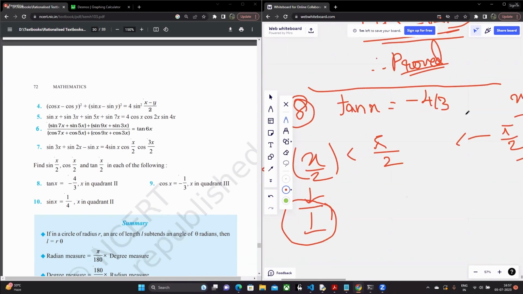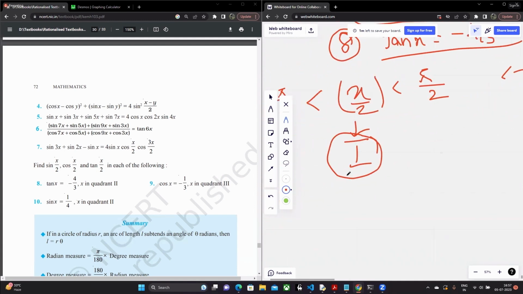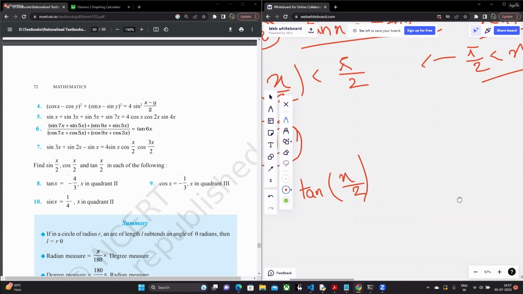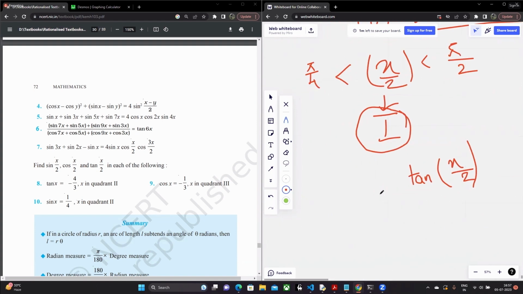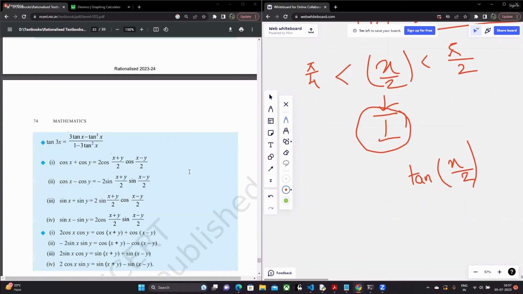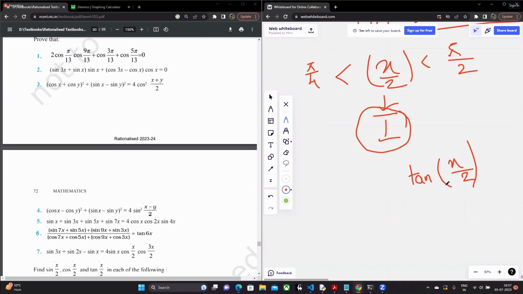we know that tan x is minus 4 by 3. And you know that your tan of x by 2, since you are not given the half angle formulas, you'll have to do it with tan of 2x and so on.